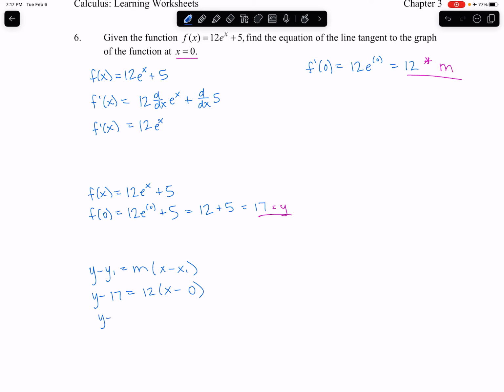This gives us y minus 17 equals 12x. If we add 17, we'll get y equals 12x plus 17.